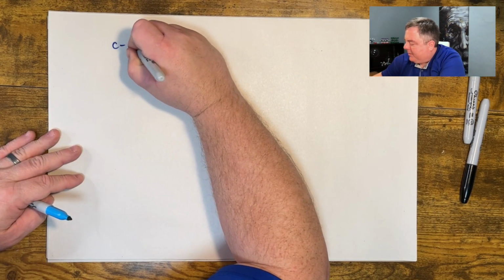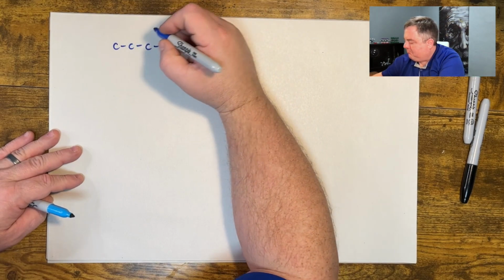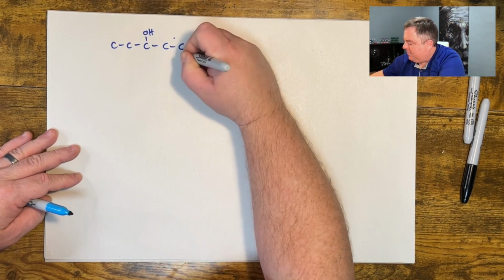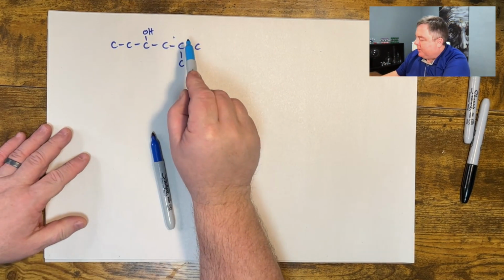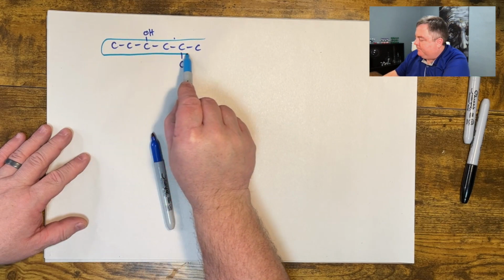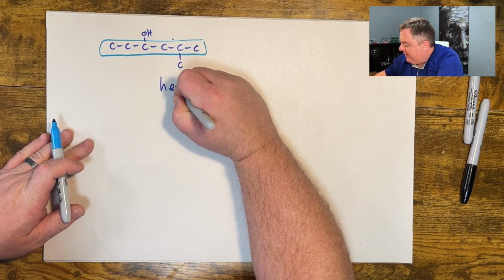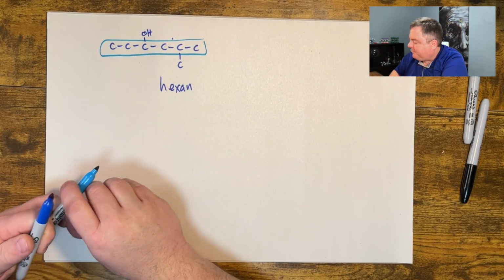Let's do this compound. We find the longest carbon chain. 6 carbons long, so it's some kind of hexane. That will name that part of the compound.